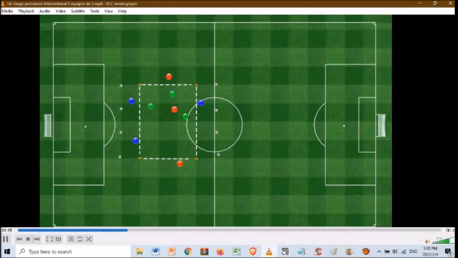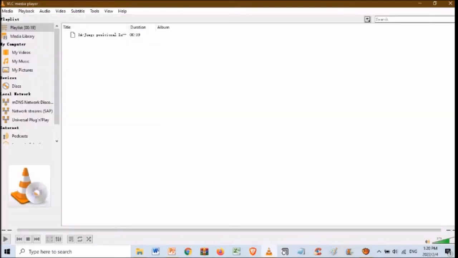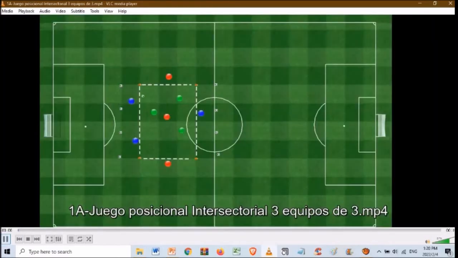Okay, and here we're working a lot on the concept of players running, but running wisely, running intelligently, okay? Being taught how to run the pitch, how to move, when to move, the right time, the correct time. And then we're going to work in the technical dimension.